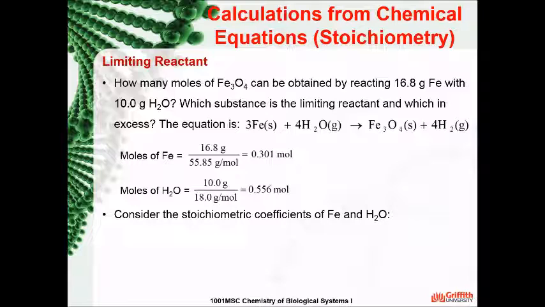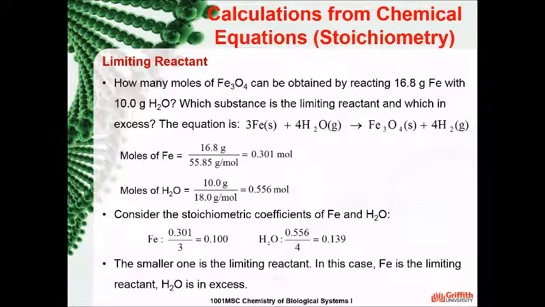Now consider the coefficient from the balanced chemical reaction. Fe: 0.301 over 3 gives 0.1, and H2O: 0.556 over 4 gives 0.139. The smaller number belongs to iron, and it is the limiting reactant in this example.